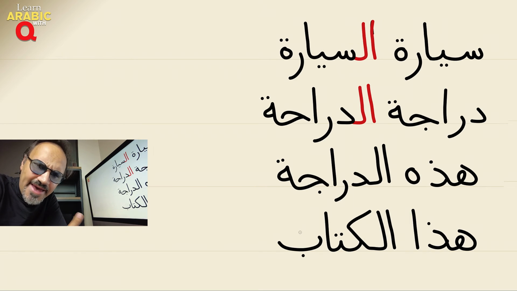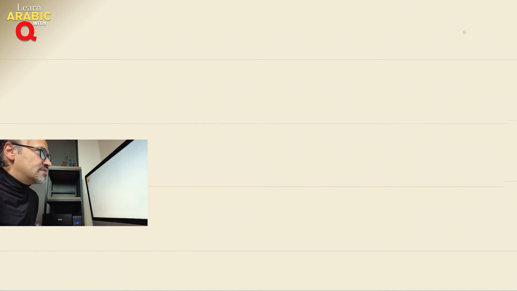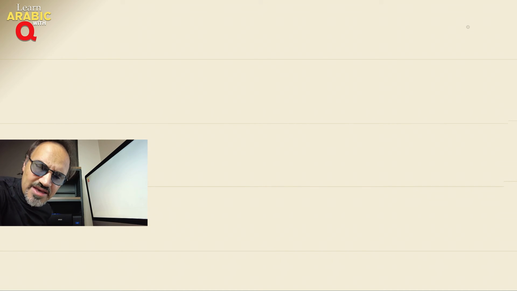So I can ask أي كتاب. Which book? Now that's the way you ask about something, like which. أي كتاب؟ هذا الكتاب.